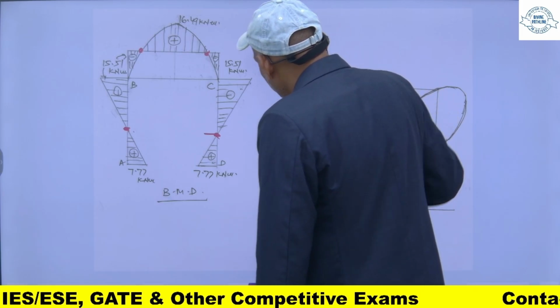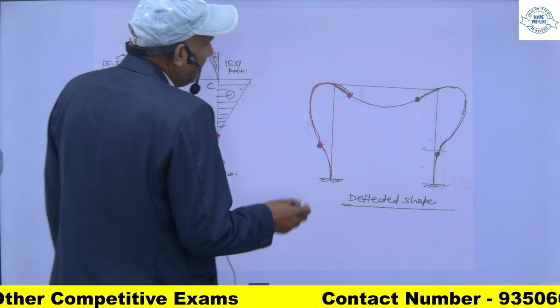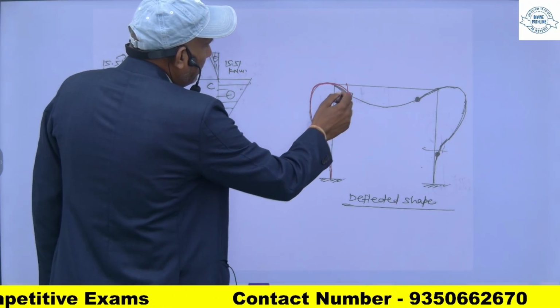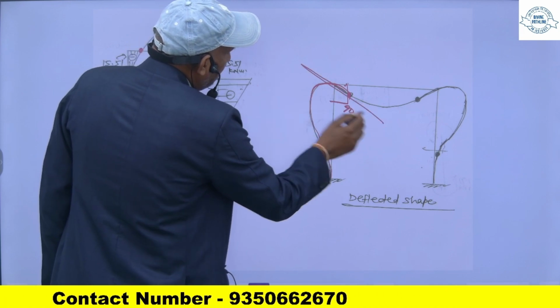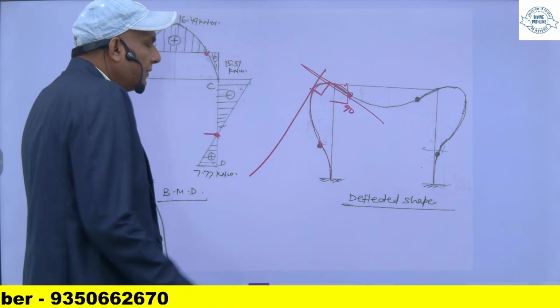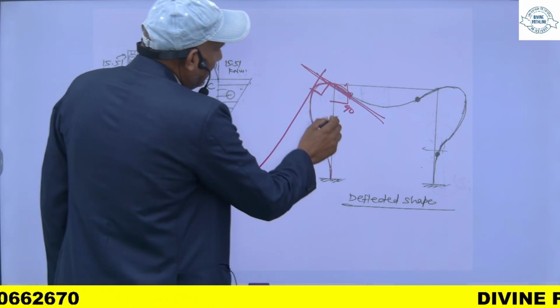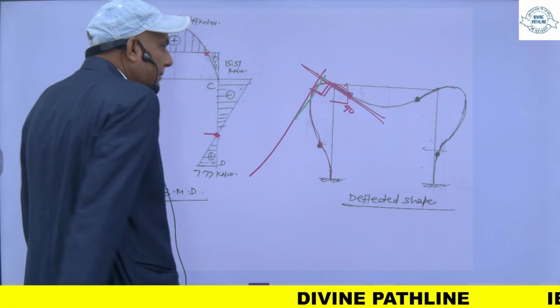तो इस तरह से ये बन जाएगा। One thing you should keep in mind कि जो एंगल बिफोर डिफॉर्मेशन दोनों मेंबर्स के बीच में 90 था, तो after deformation also this angle will be 90. If it deflects like this, so it will obviously deflect like this, so that this angle will be 90.